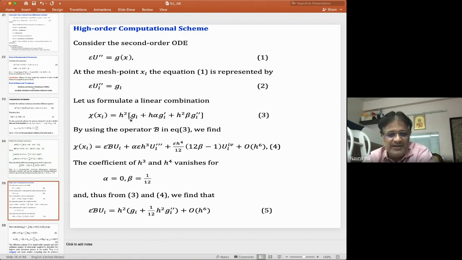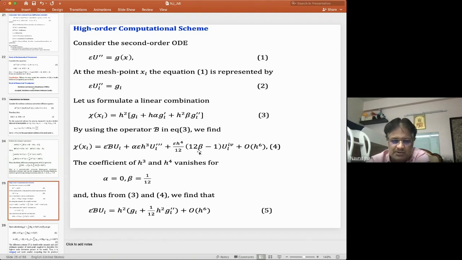So in place of g, epsilon times u second derivative will appear. In place of g first derivative, epsilon u third derivative will appear, and so on. So basically, all the expressions will appear in terms of u. Here the first term consists of an operator. Second and third terms are appearing with third and fourth order ordinary derivatives, and the last term is order h6.